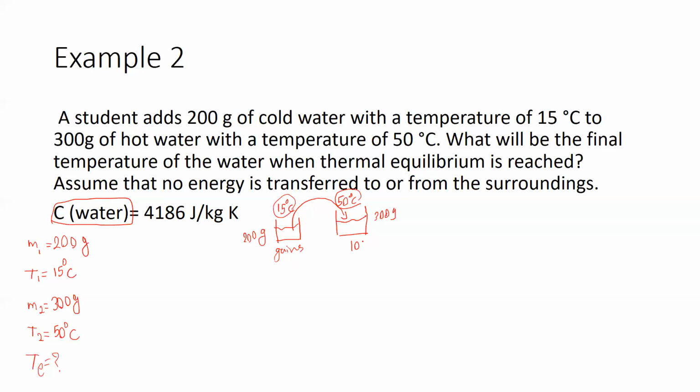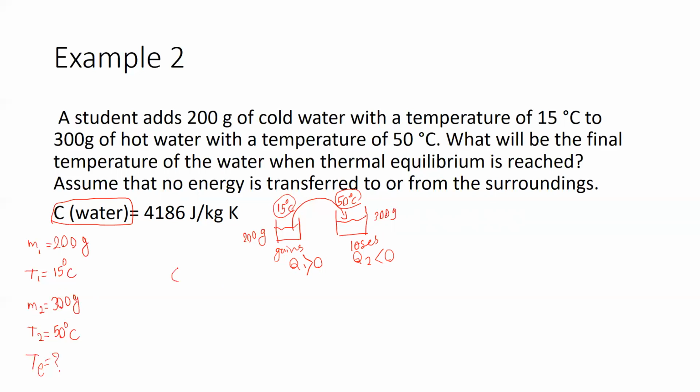So this one gains, this one loses. If I name this one Q1 and this one Q2, they have the same magnitude, but Q2 is smaller than 0 because it loses energy, and Q1 is larger than 0 because it gains energy. So same magnitude, different sign.